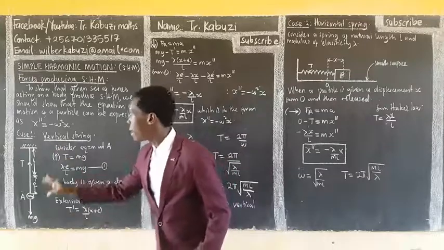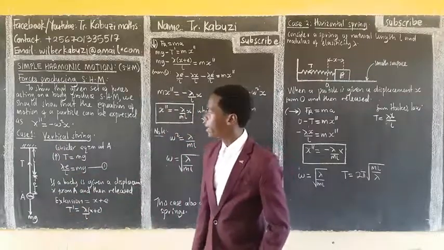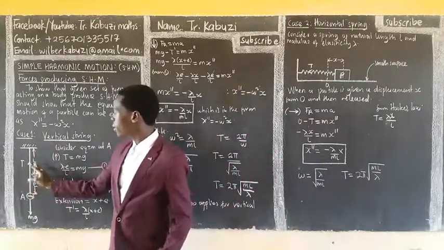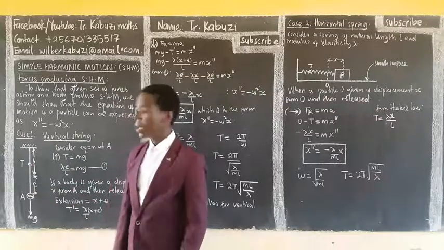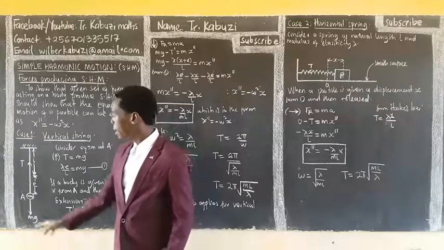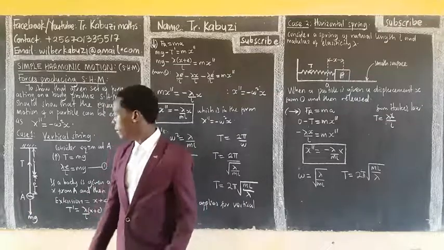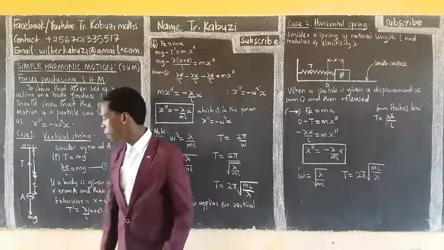Let us take case one, where we consider a vertical string. So this is our string. Of course, L is our natural length, then d is the extension we have made there. So this is the particle of m kilograms. Of course, it is going to have a weight of mg.